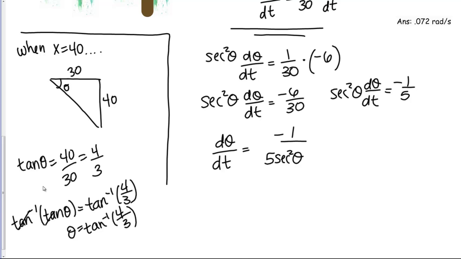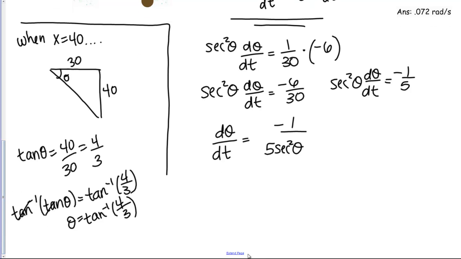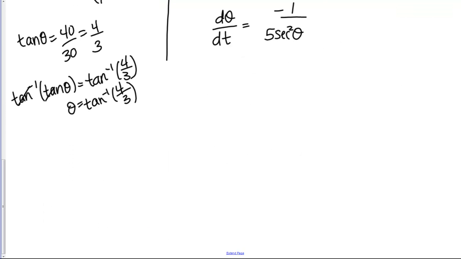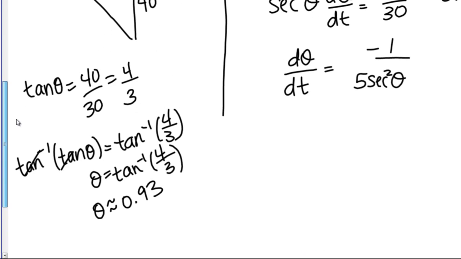So that's not an easy angle. That's not one that you just know off the top of your head. So you could plug that into a calculator, and if you did, you would get that theta is approximately 0.93. Okay, so why did we do all this again?